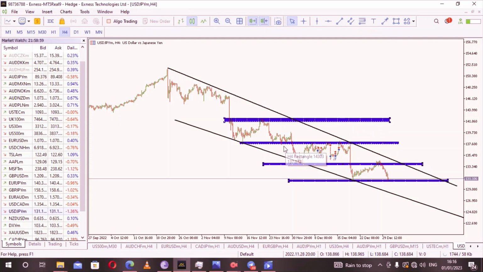Once a demand zone has been broken in a downtrend, it now becomes our supply zone. Right now, we haven't yet broken below this demand zone, so it still acts as our persistent demand zone until it's broken.